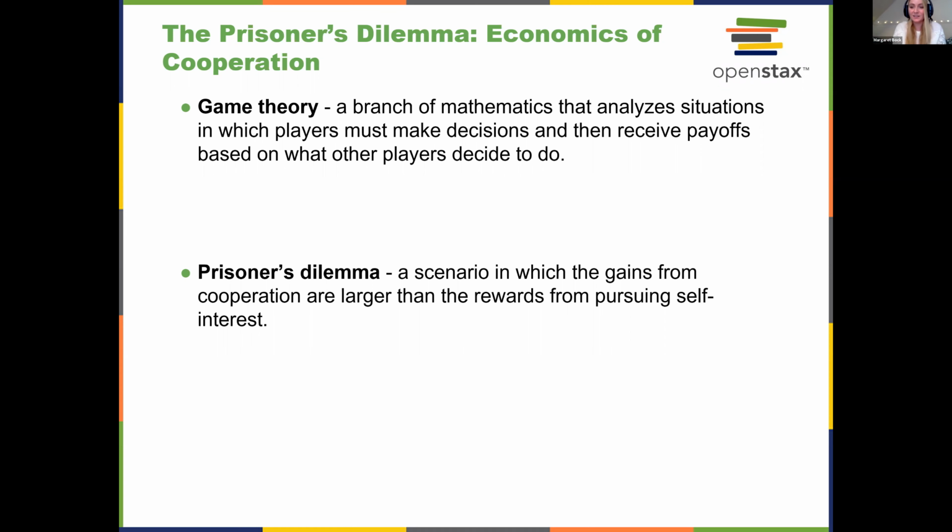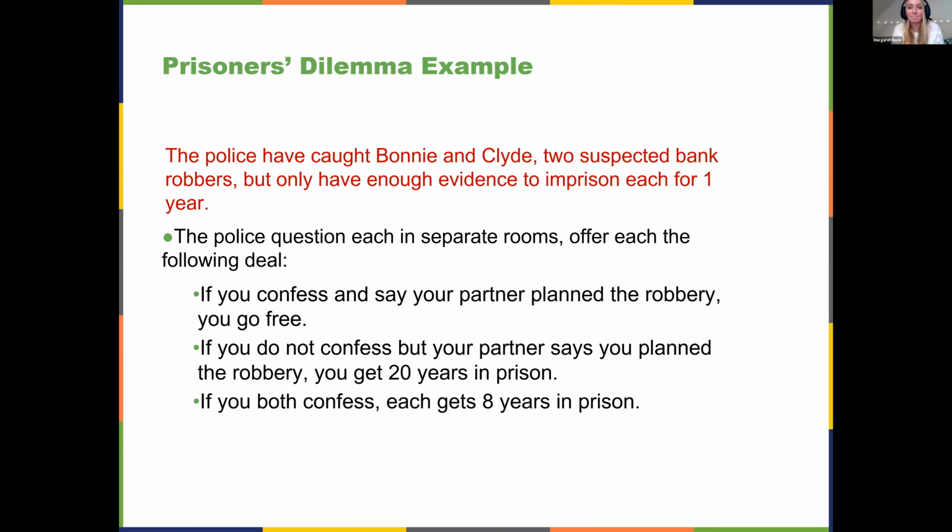So to make this prisoner's dilemma example stick in your head a little bit more, I decided to go through an example with you using actual prisoners to see where this dilemma got its name from.